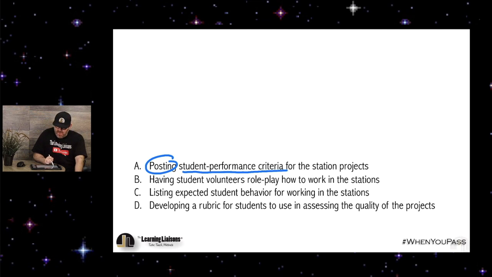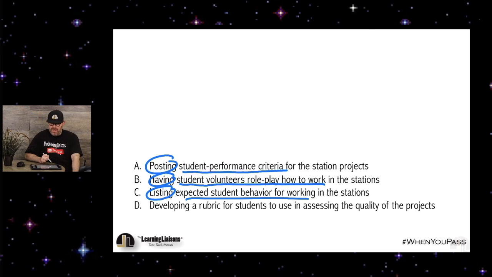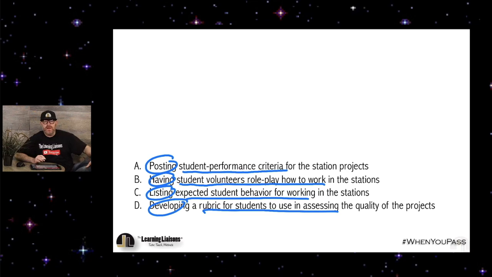Having, having what? Student volunteers role play how to work. That's pretty easy. Listing expected student behavior for working in the stations, and developing what? A rubric for students to use in assessing the quality. All right. Now, there's a couple things I need to point out here.